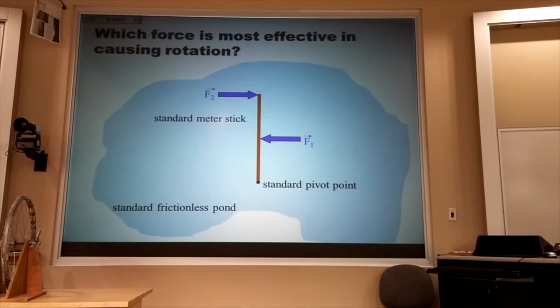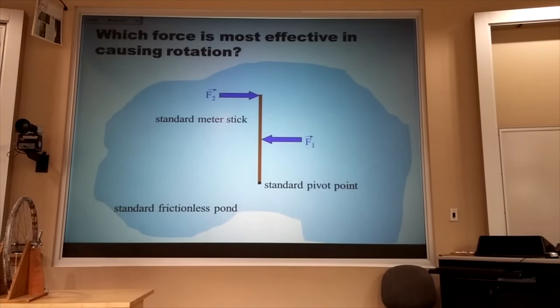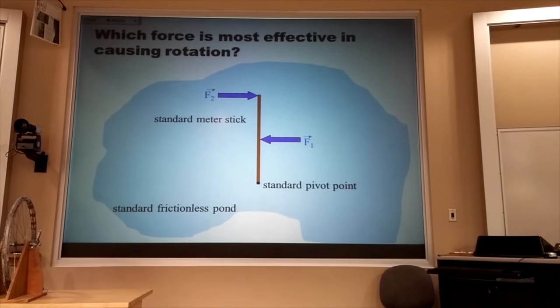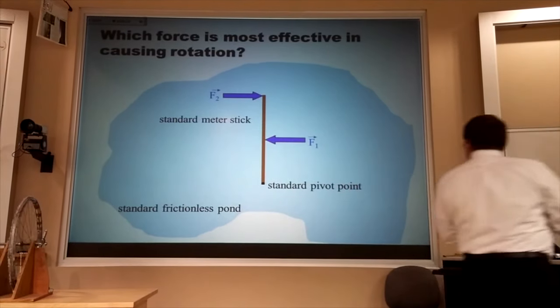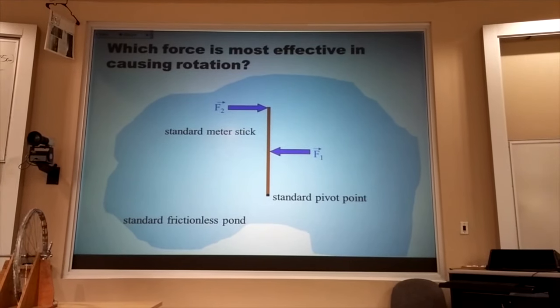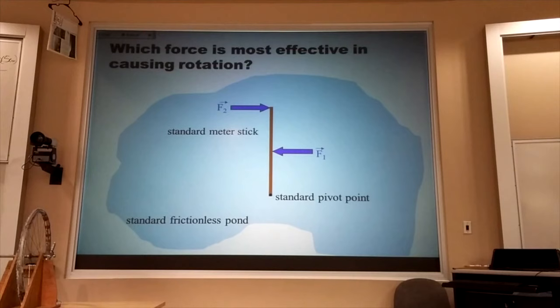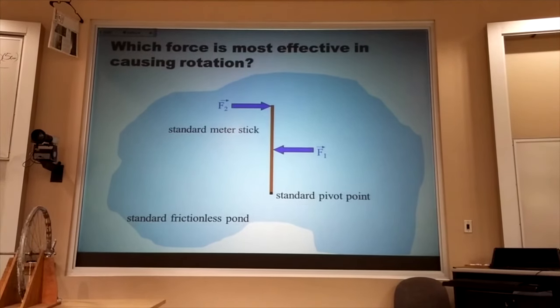And if that doesn't work, you get a pipe to put on the end of that big wrench and you pull way out here. And if you're like me, you break the bolt right off and have to start over. So the further away from the pivot, the more effective a force is in causing rotation. And yet that's not everything.